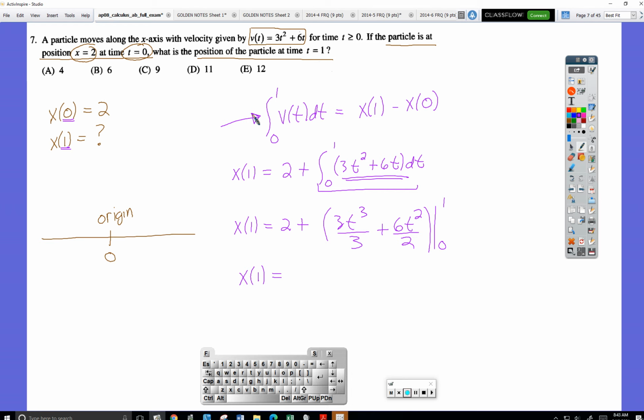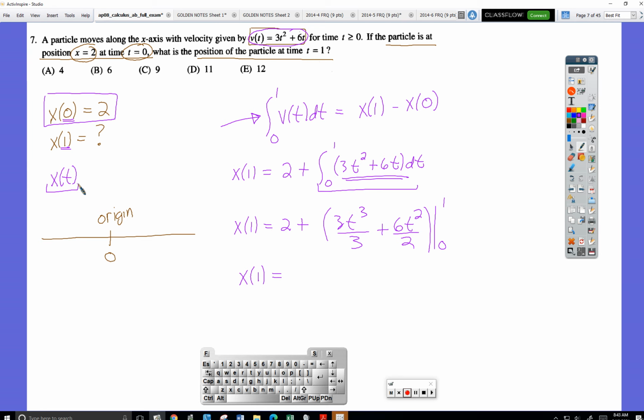You can find the antiderivative of this. You'll end up with whatever plus c. You then use this information to find the value of c. That creates an equation for x of t, which allows you then to plug into that equation 1 and get the same answer. It's perfect. There we go.